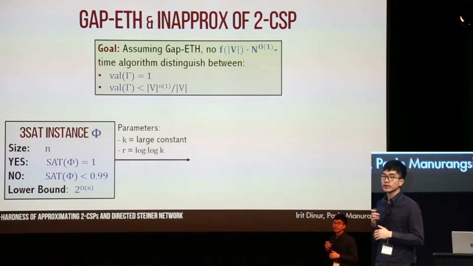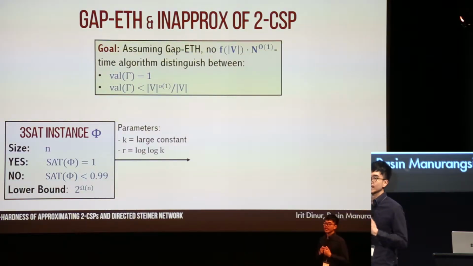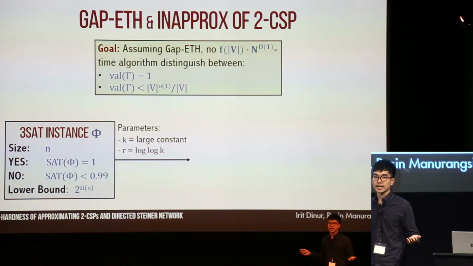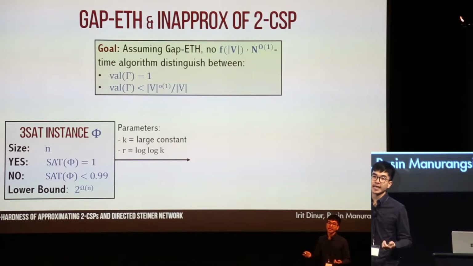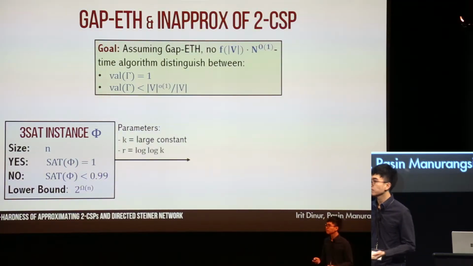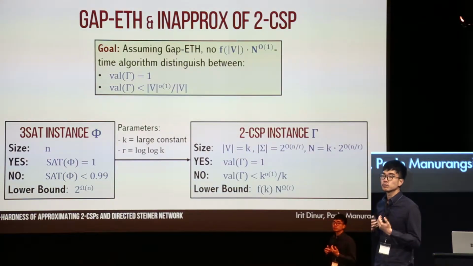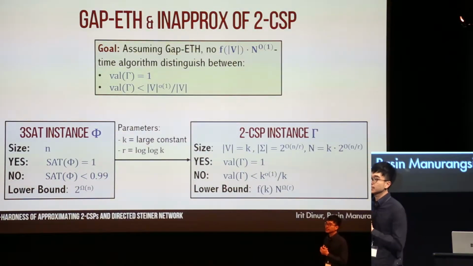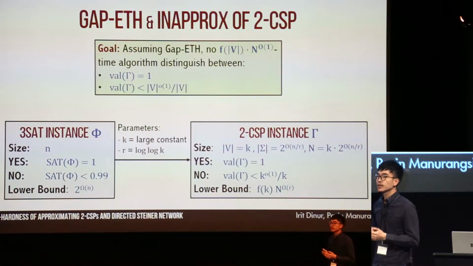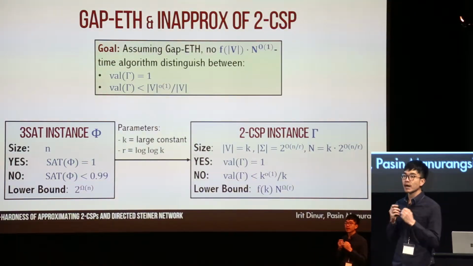In particular, our reduction has two parameters, k and r. Here, k you can think of as some large constant independent of n, and r as something that grows with k, but very, very slowly, something like log k or log star k. The reduction will produce a 2CSP instance that has k variables, so a small number of variables, but the alphabet size sigma will be quite large.